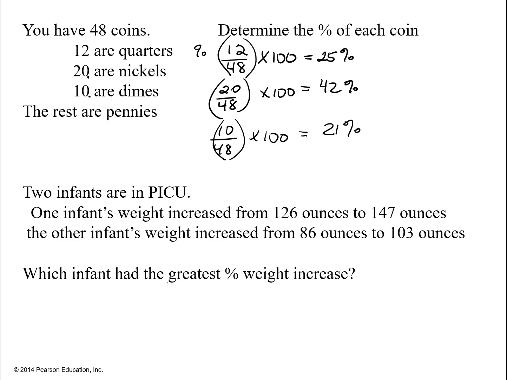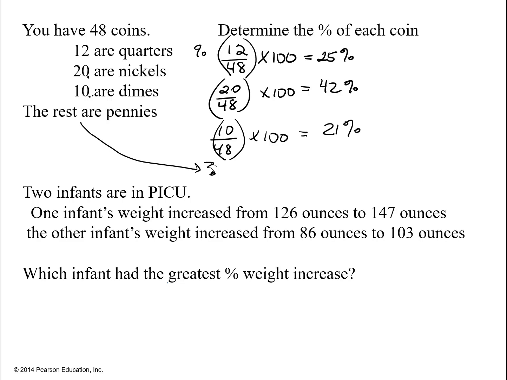How would you figure out the pennies? What would you do? Okay, I could take 48 minus 12 minus 20 minus 10, and that would tell you how many pennies you would have, and then you would divide that by 48. So you could do it that way. Would you do it any other way?